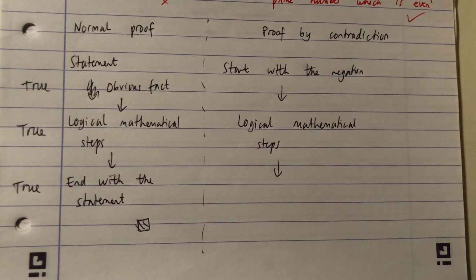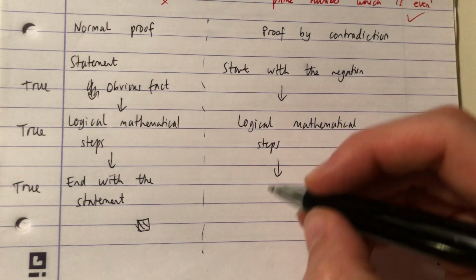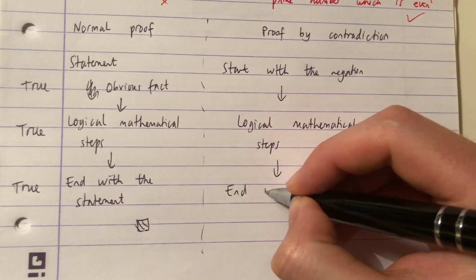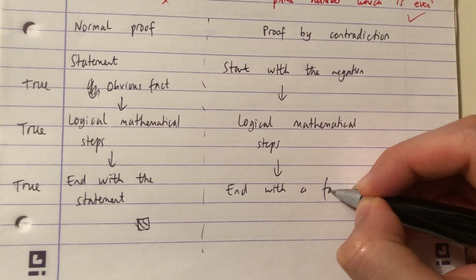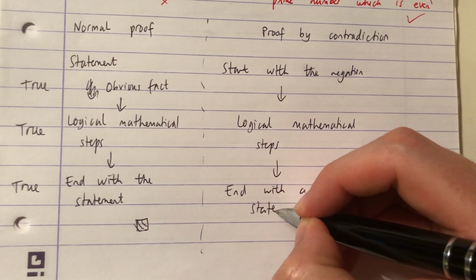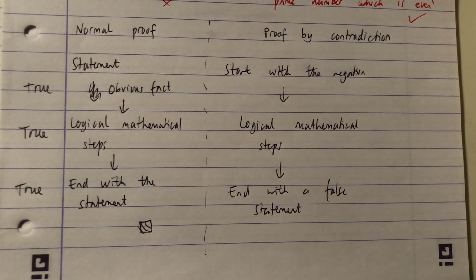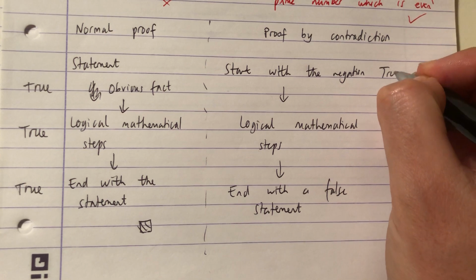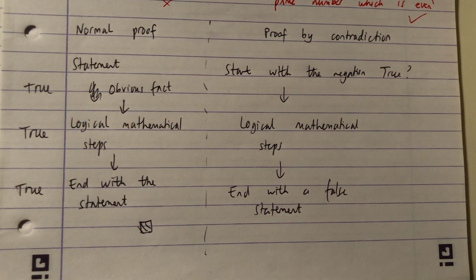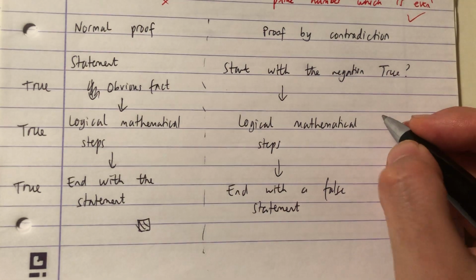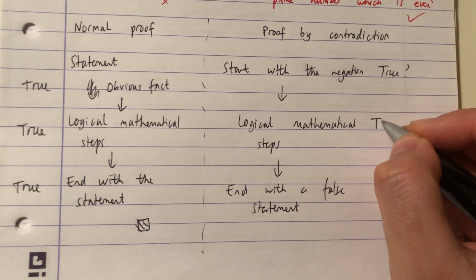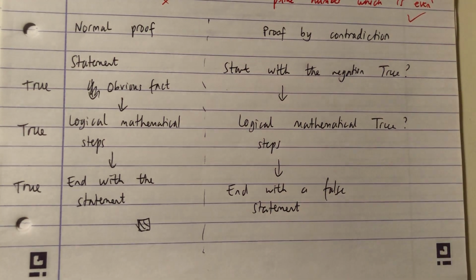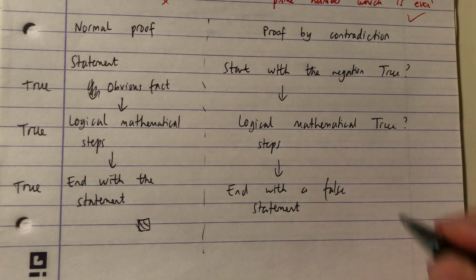And because the negation is false, even though you haven't proved it, what will happen is you'll end with a false statement, something which is mathematically impossible. Okay? And if you start with a negation which you are working under the assumption is true when it's not, and you follow logical mathematical steps which would keep it true, but then you end up with something which is completely false.